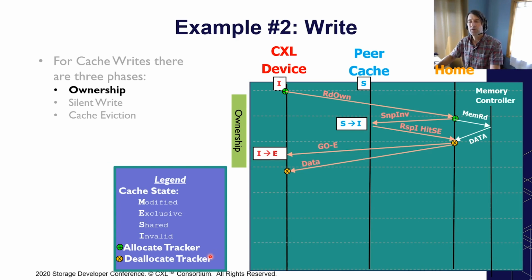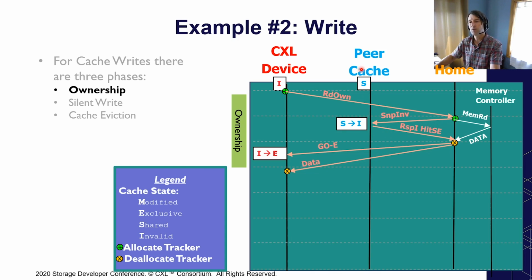Okay, so the ownership phase: the CXL device issues a read-own message. This is one of the read types that's looking to get exclusive state for the cache line. The home logic will get this request, again issue the read to the memory controller, getting data back from the memory controller, but in parallel with that, it can do snoops to the peer caches that may have a copy.